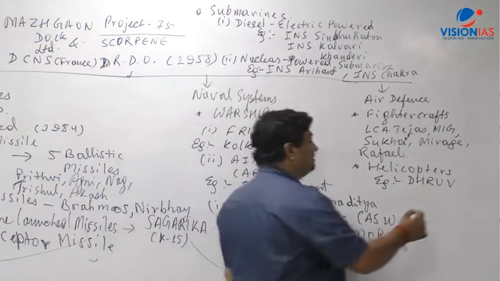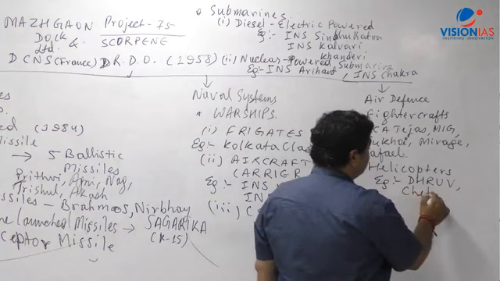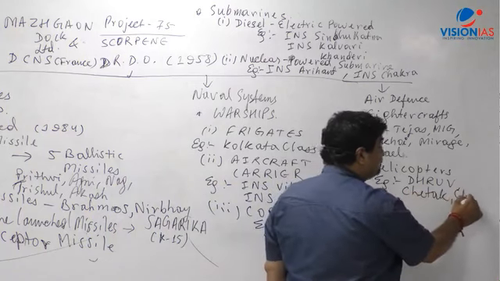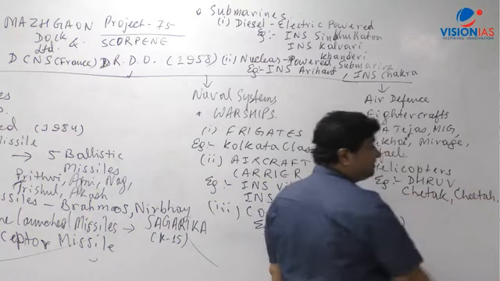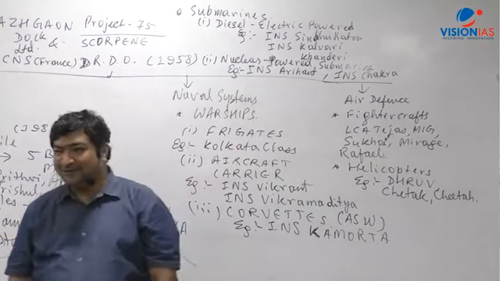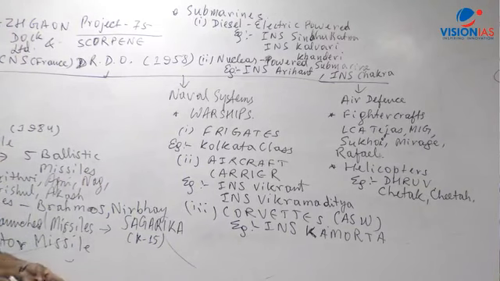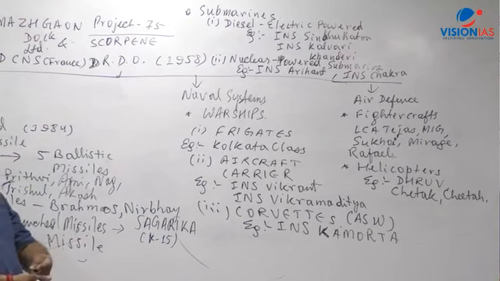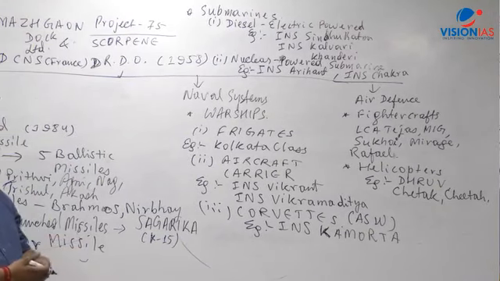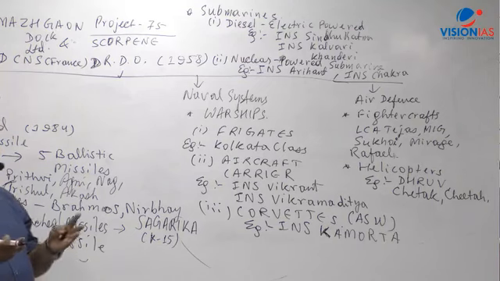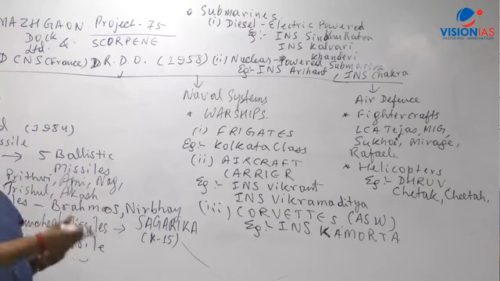Right now we have Chetak and all this. We are also developing new helicopters, but you know the Augusta Westland deal was a chopper scam and came into the news. Now all these are moving very fast, the inquiry and CBI. You know there are many kickbacks and scams involved.